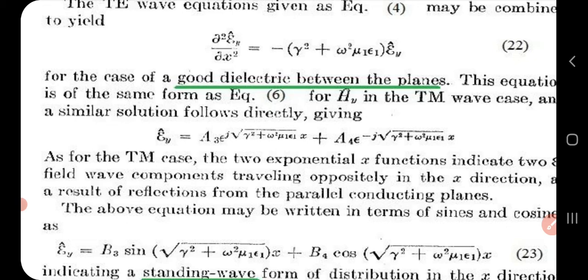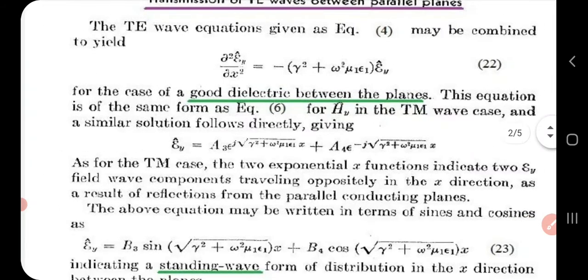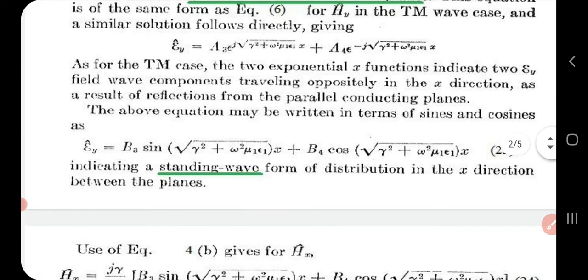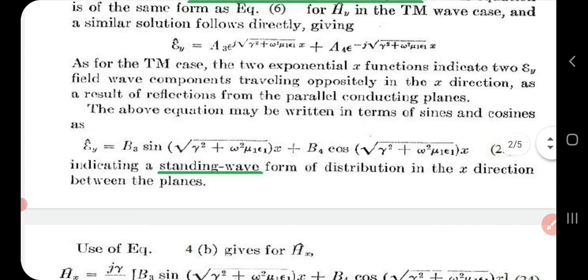As for the TM case, the two exponential x functions indicate two Ey field wave components traveling oppositely in the x direction as a result of reflection from parallel conducting planes. Now the above equation we can write in terms of sine and cosine as follows. Here we are introducing two arbitrary constants B3 and B4.